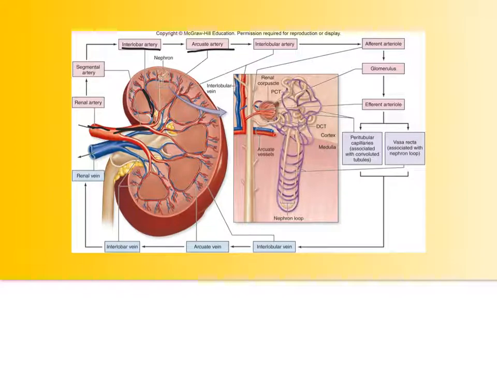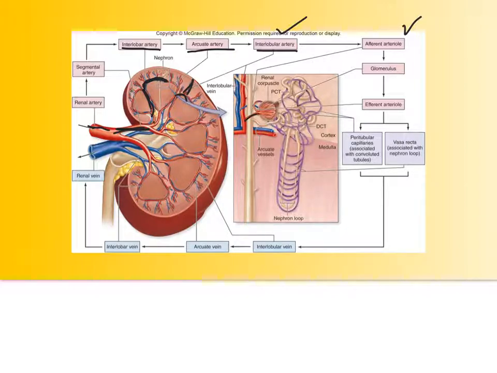The arcuate arteries arc around, so they kind of arc over the pyramids. Then they feed these interlobular arteries. Remember, the smaller the part is, the longer the word. Now, the interlobular arteries go to the afferent arteriole.